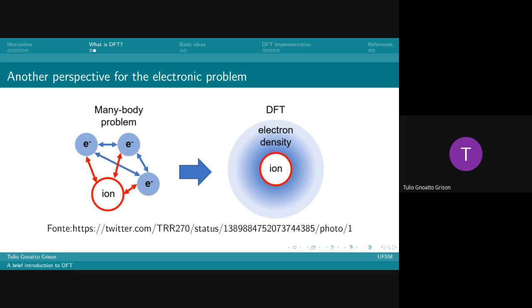This physical quantity is the electron density, a function with direct physical interpretation and dependent on only three spatial variables. This simplification allows the use of DFT for systems with a very large number of electrons.